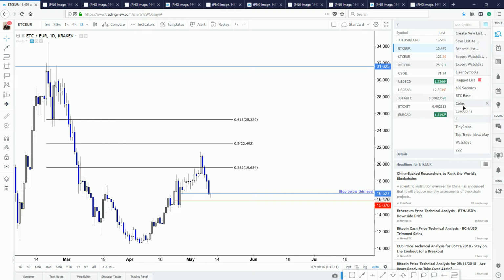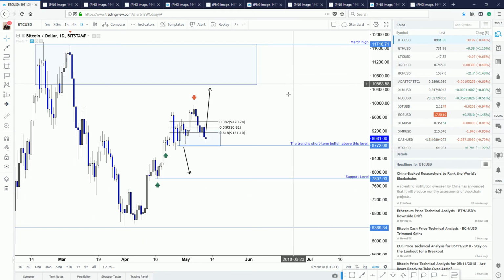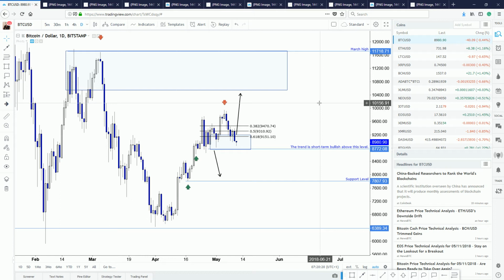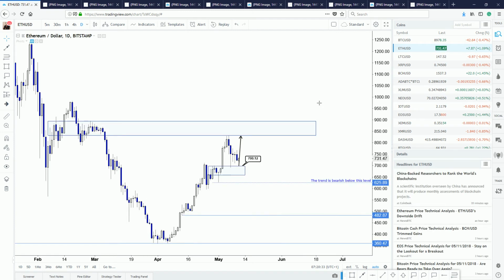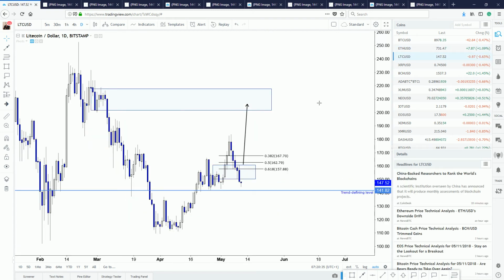But we are having issues in general in the world of cryptos. This is Bitcoin, very close to 8,772. So the market is very close to support. Here's Ethereum, still maintains a bullish bias. Here is Litecoin, which is very close to stop.